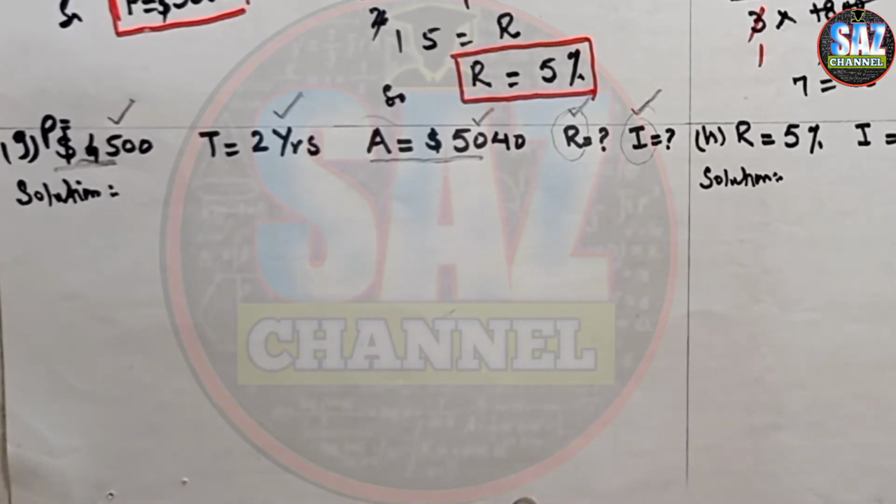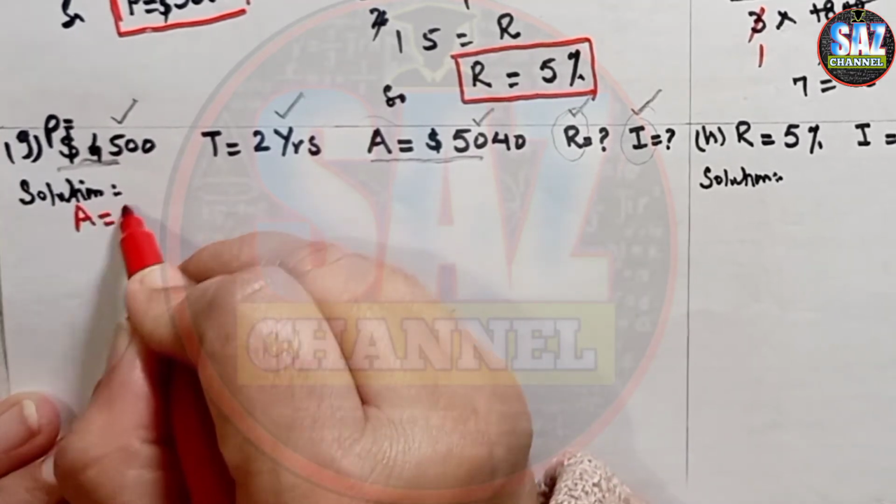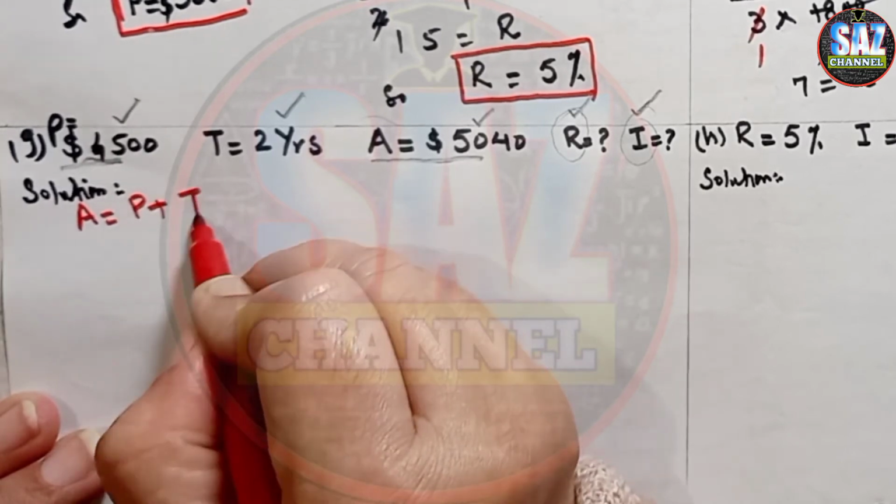So interest will be calculated with the formula amount equals principal plus interest.